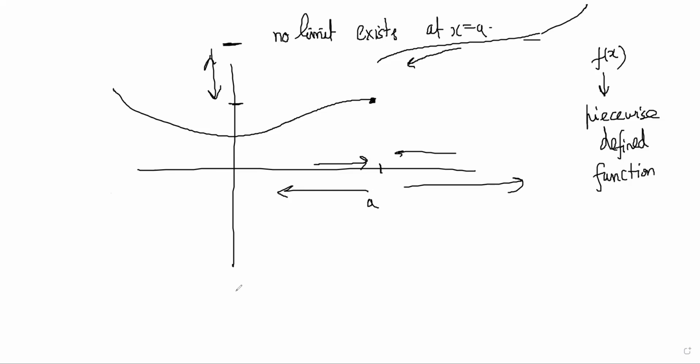So what we look at is the classical definition of the limit also. This is a definition that is given in terms of epsilon and delta. These are two numbers.